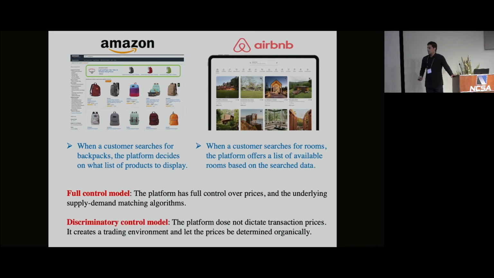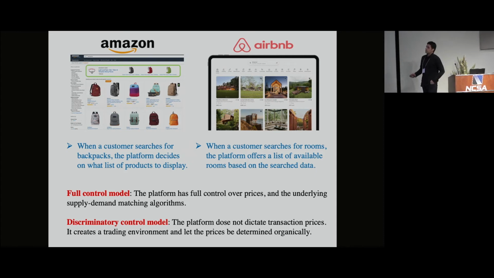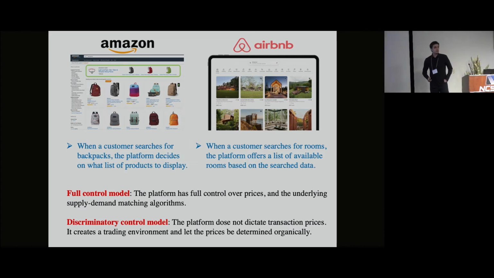But sometimes the platform just simply creates an environment for trading, and the agents interact there, and through their interactions, they set the transaction prices, and the supply and demand are matched in some way. Perhaps Airbnb would be one example of this type of platform, where the price of the houses is set by the individual hosts rather than the platform.